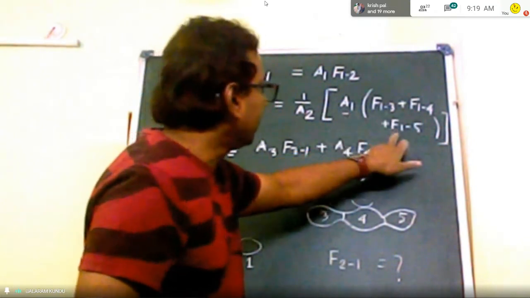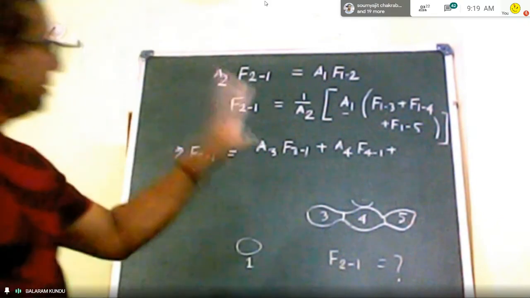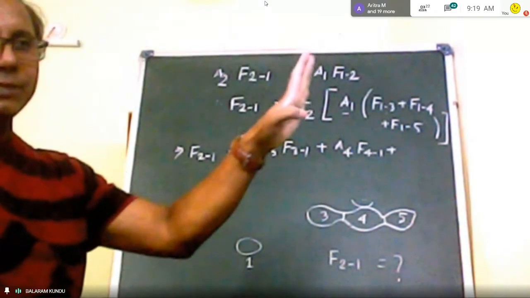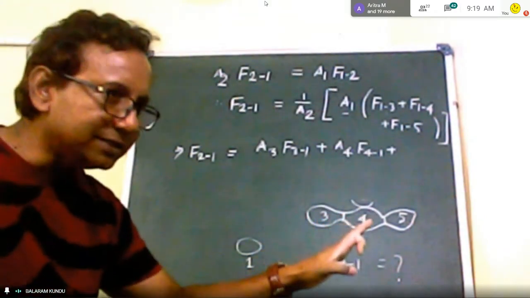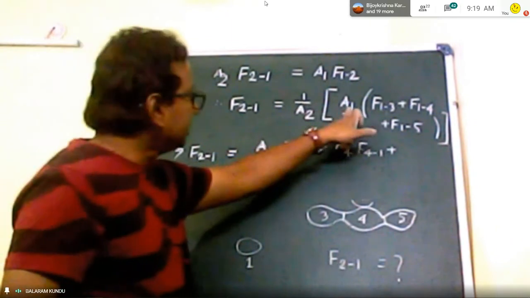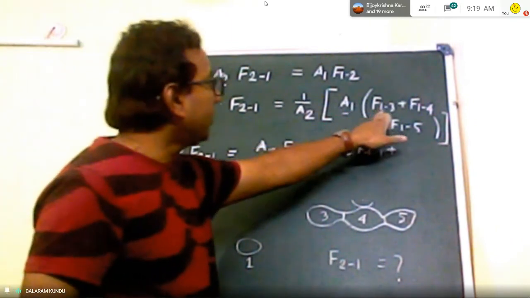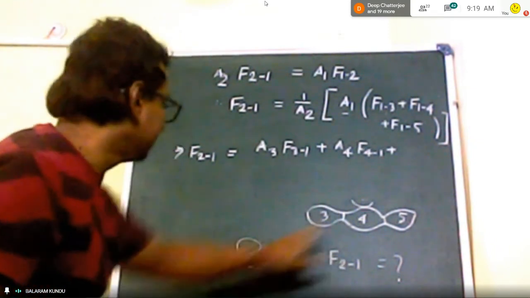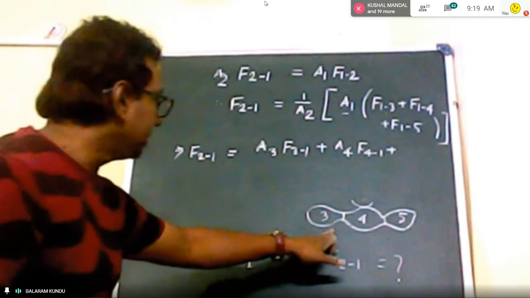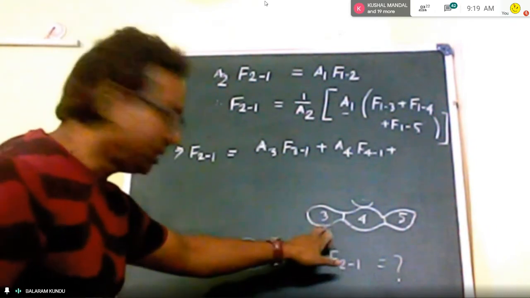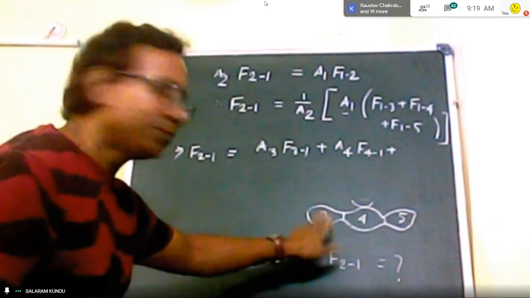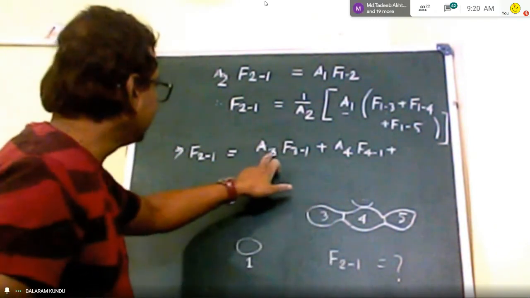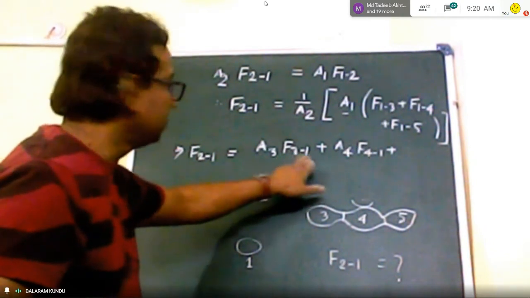Actually, you see here, a1 into f of 1 3 plus a1 into f of 1 4 plus a1 into f of 1 5. Then we want to simplify it and write another expression by using the reciprocity relationship. From the reciprocity relationship, a1 into f of 1 3 should be equal to a3 into shape factor f of 3 to 1.